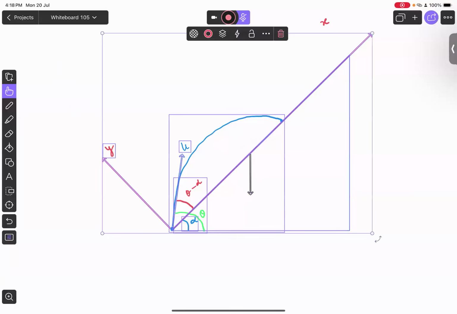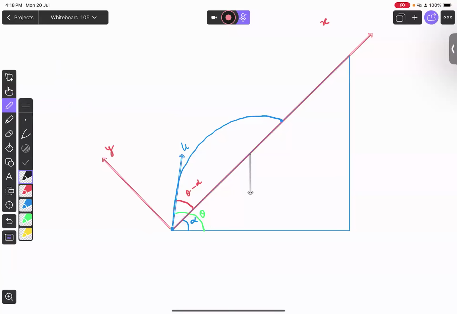So the net acceleration the projectile has is g, and this is the net acceleration. Now if I ask what the components of this acceleration will be, it can have two components. One will be this blue one.